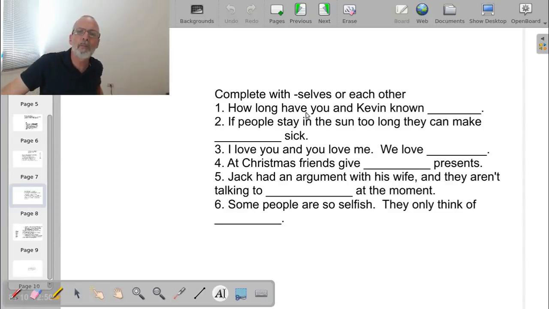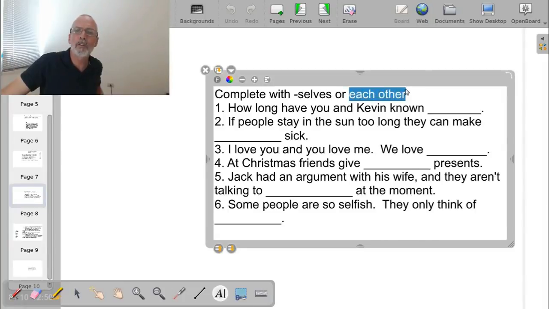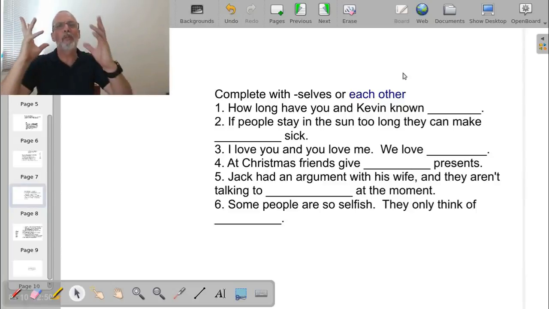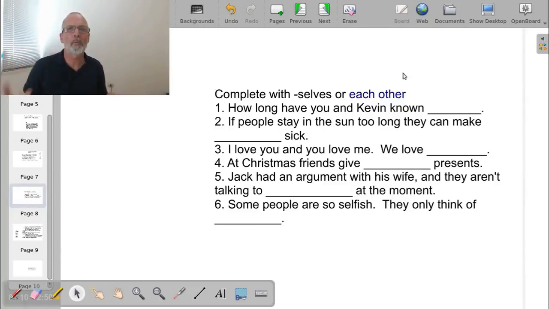So let's continue with some more questions. Earlier on, we saw another phrase: each other. Remember, each other is for reciprocal actions, when A does something to B, when they both do something to each other.